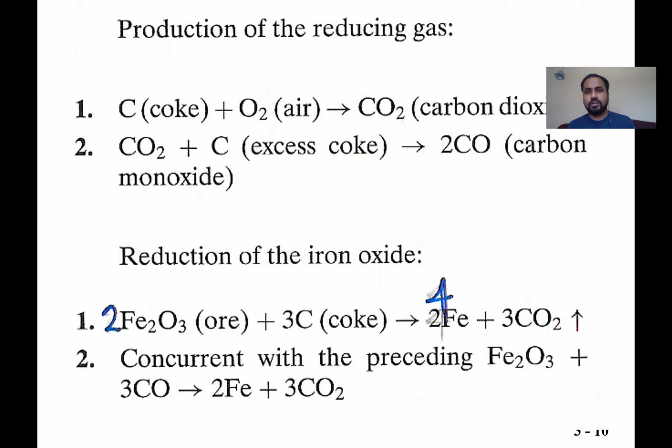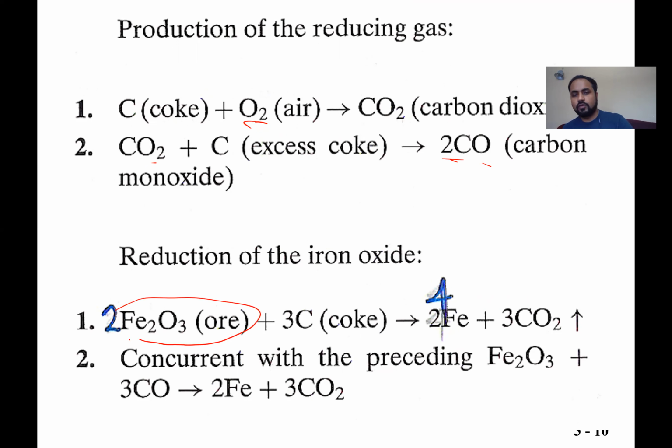Since you have added a lot of coke, which is a form of carbon, this carbon reacts with oxygen and forms carbon dioxide, and this carbon dioxide reacts with excess coke and forms carbon monoxide. Coke and carbon monoxide both act as the reducing agent. So the reaction that takes place inside is you have an iron ore, which is an oxide of iron.